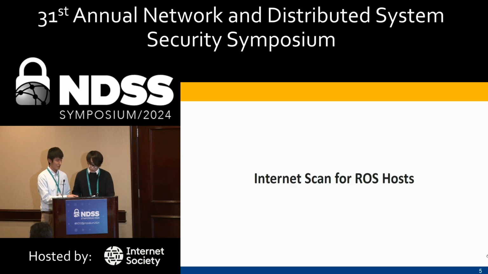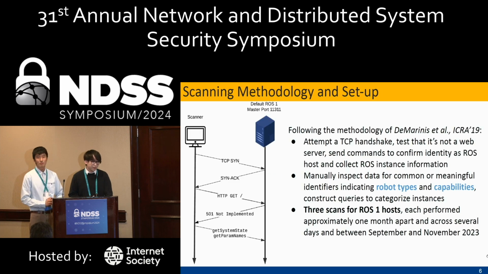Right. So starting with our internet scan for ROS hosts. For this part of the study, following the methodology of Demarinis et al., which is a prior ROS1 scan work, on the default ROS master port, which is 11311, we start by attempting a TCP handshake. Then we test that what's being run is not a web server, just to make sure. Then we send ROS-specific commands to confirm the identity as a ROS host, and to collect ROS topic, service, and parameter information about that specific host.